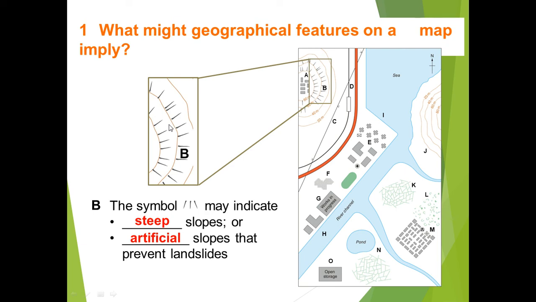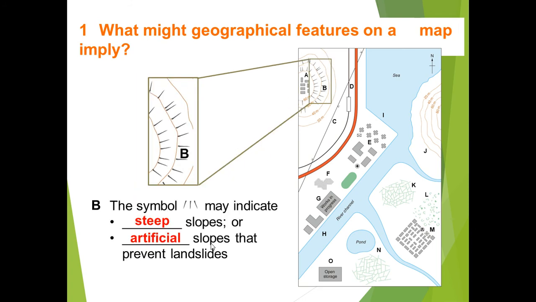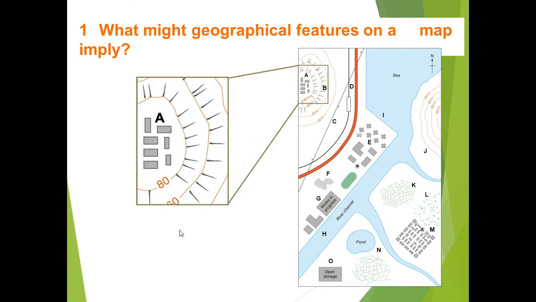If you still remember, they are the symbols for slopes. These symbols mean there are steep slopes or artificial slopes. Together with location A, you can understand that this building should be built on a small hill.